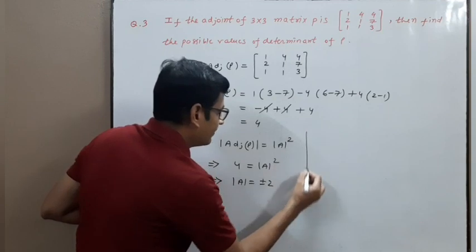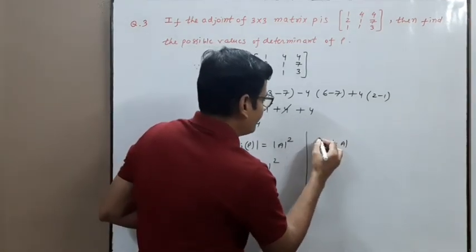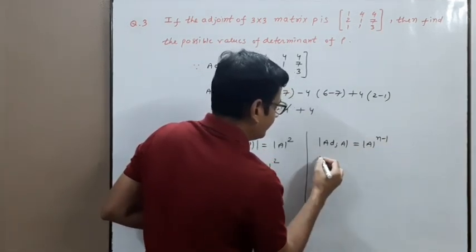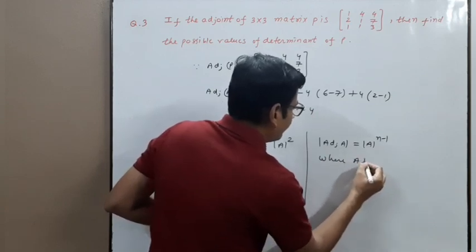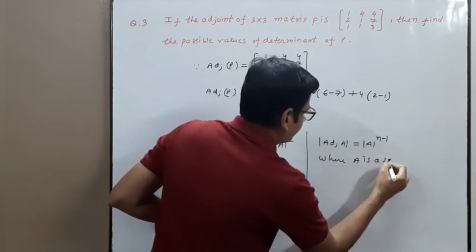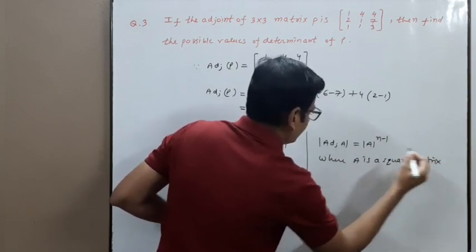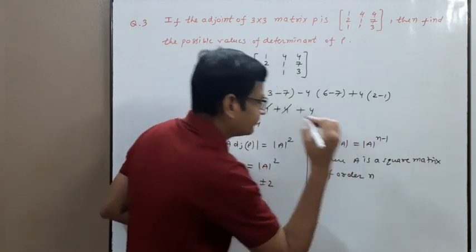And please write the formula in brackets: determinant of adjoint A equal to determinant A raised to the power n minus 1, where A is a square matrix of order n.